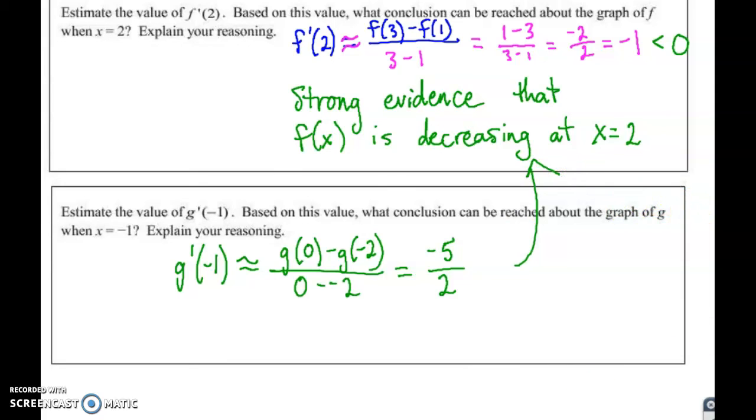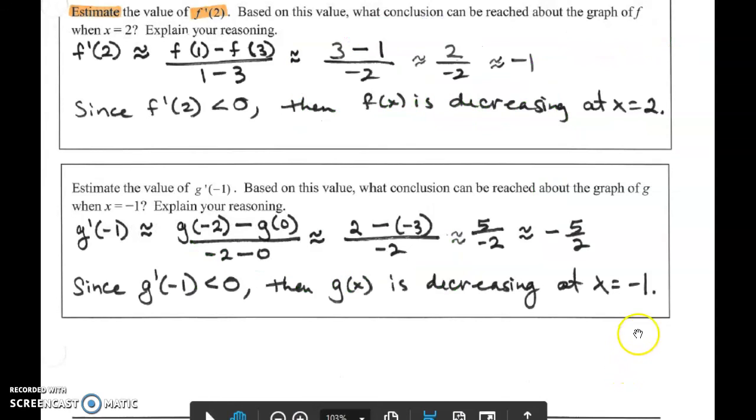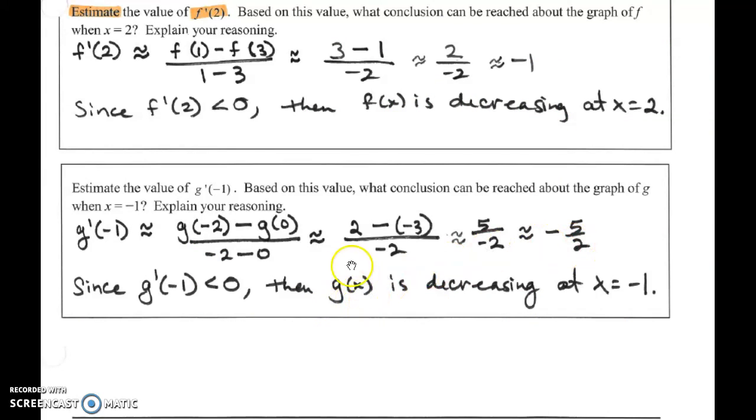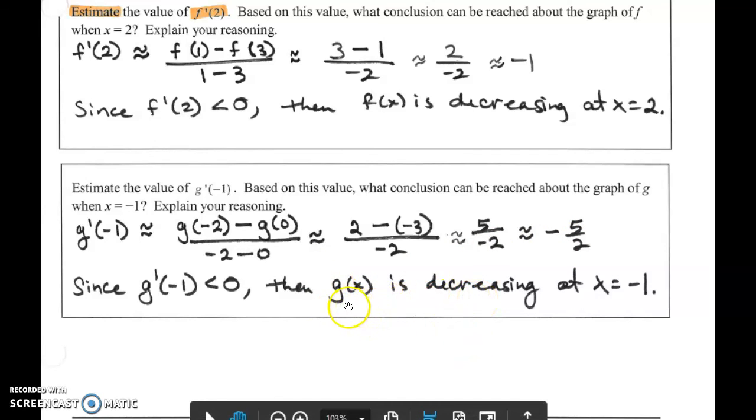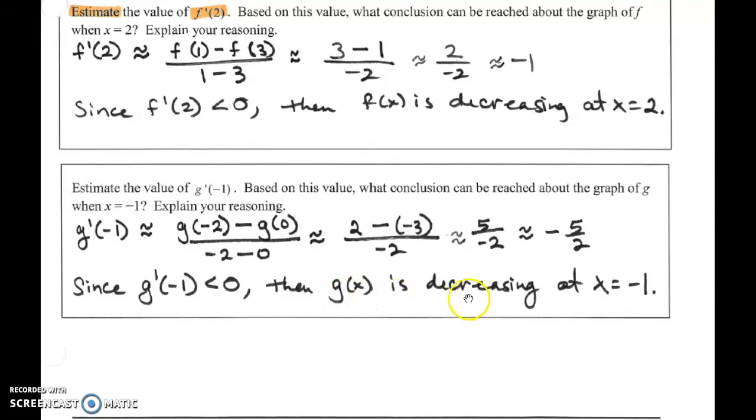And let me just show you the answer key because I'm not trying to hide anything from you. He just wrote it like this. I do want to point out, notice how he writes this g of x is decreasing, because I did talk to another teacher that counted it wrong when they wrote g of negative 1 is decreasing. Because g of negative 1 is a point, and points don't really decrease.